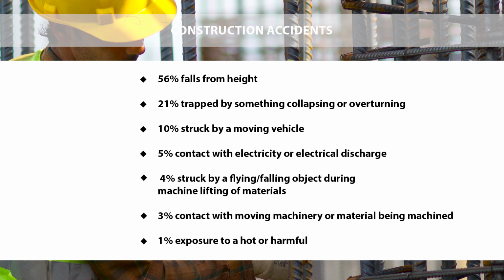Here we see a breakdown of fatalities according to type of accident. 56% of death cases come from falls from height, 21% from something collapsing or overturning, 10% from being struck by a moving vehicle, 5% from electric hazards, 4% from being struck by a flying or falling object during machine lifting of material, 3% from contact with moving machinery or material being machined, and 1% from a hot or harmful substance.